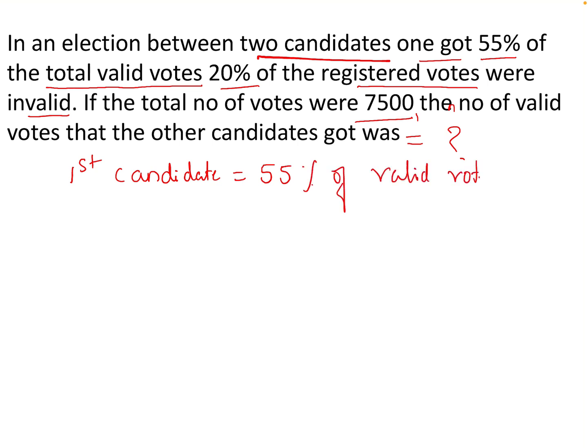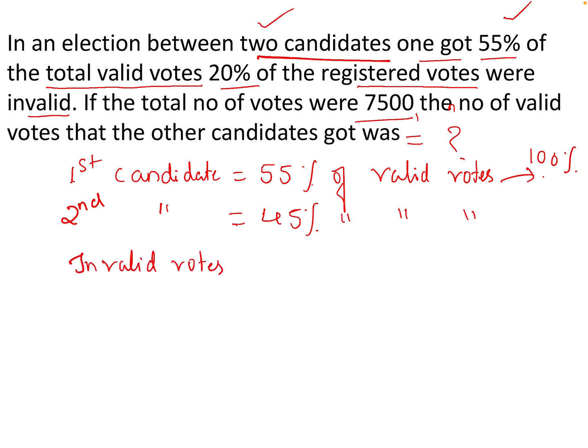Then obviously the second candidate got 45%, because if 100% are the valid votes and 55% is got by the first candidate, then the remaining will be got by the second candidate, since only two people are contesting. So the second person gets 45% of the valid votes. Then we know that invalid votes are how much?